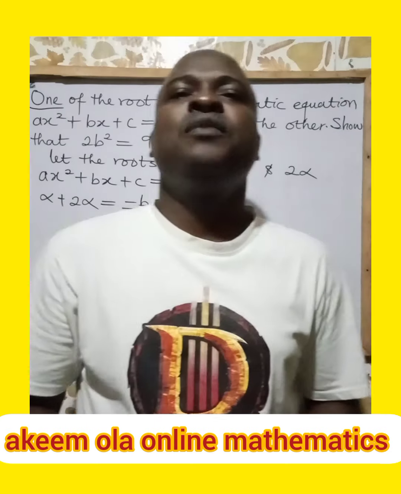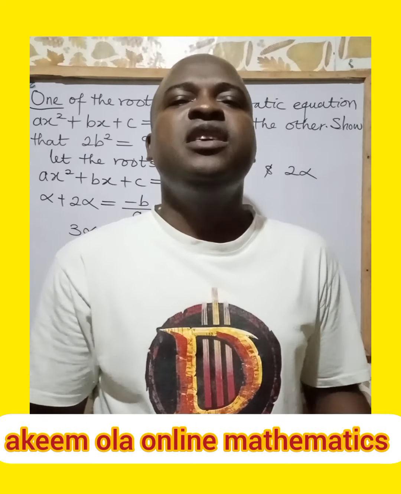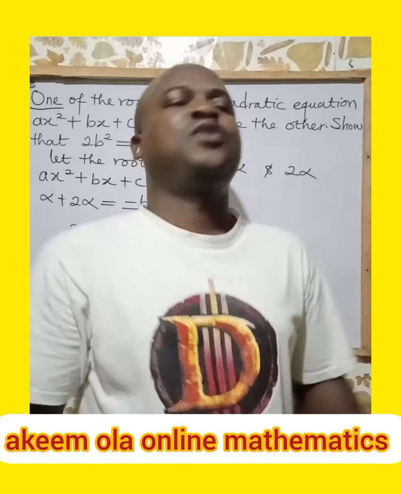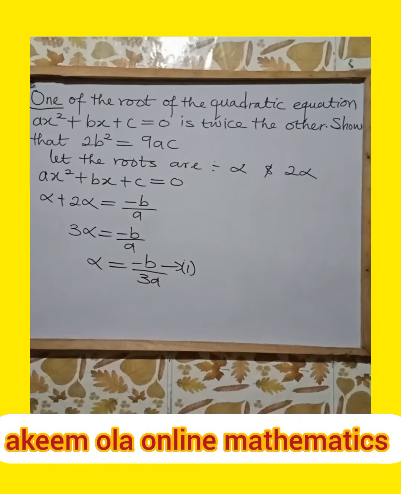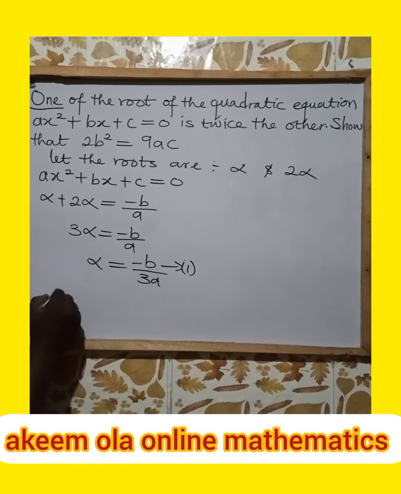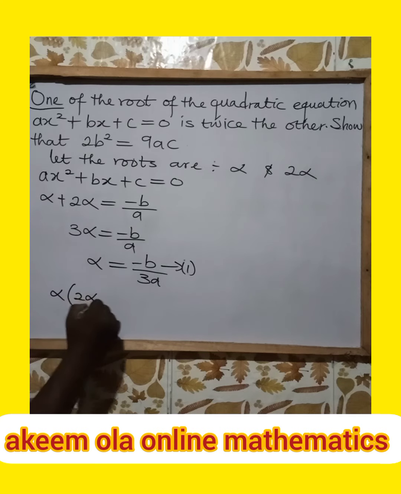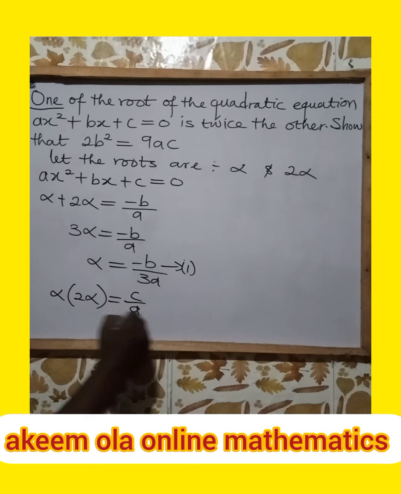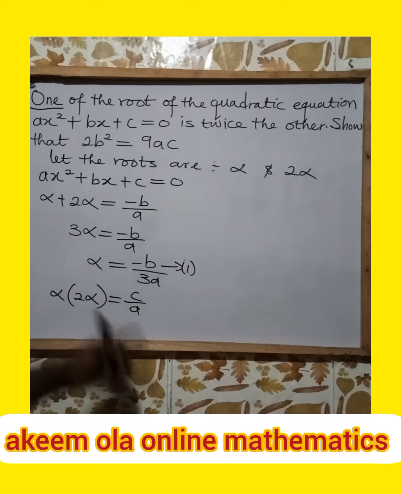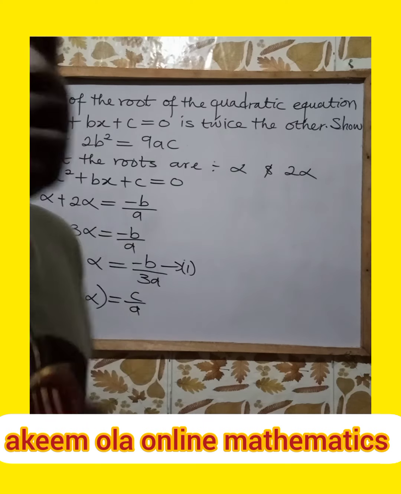The next thing I'm going to consider will be the product of roots. If you consider the product of roots, that means we are going to have alpha times 2 alpha equal to c all over a. Alpha times 2 alpha will of course give us 2 alpha squared.